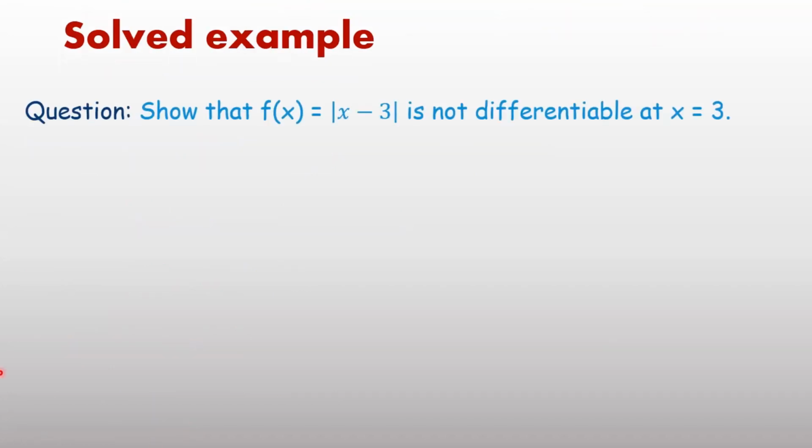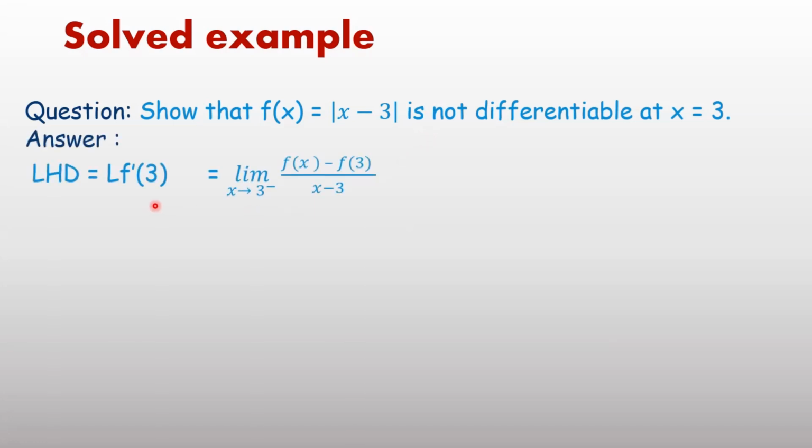Now some solved examples. The function given is mod of x minus 3. We have to prove that it is not differentiable at x equal to 3. Method: find out the left hand derivative.